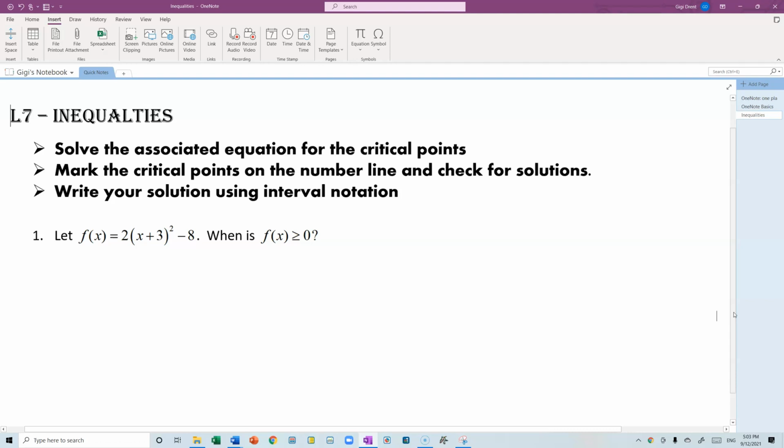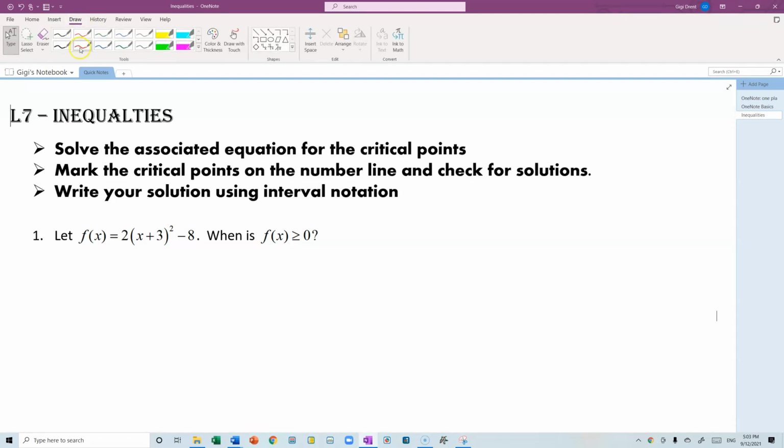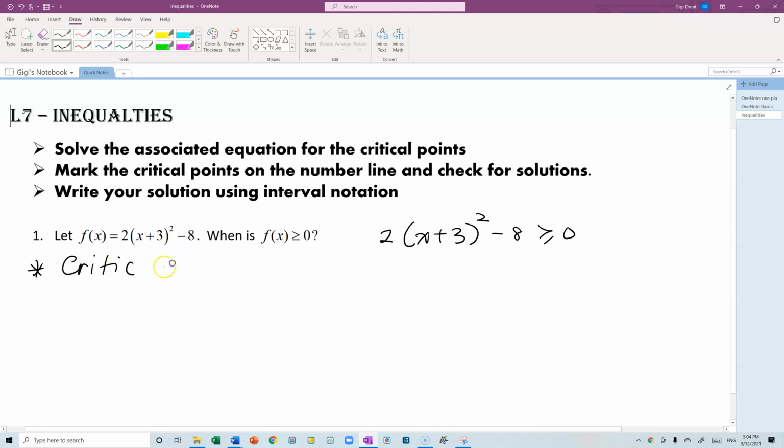Which translates to: when is it that 2 times (x plus 3) squared minus 8 is greater than or equal to 0? Right? So first we will go ahead and find our critical points.